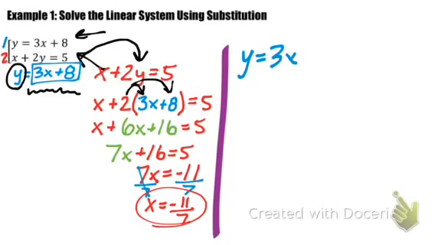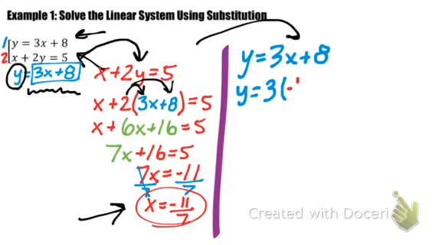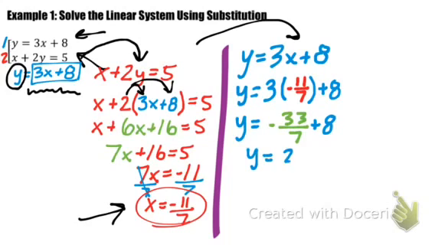I'm going to write down the first equation in my linear system, and I'm going to substitute my value of x into the x variable in the first equation. When I simplify further, y equals negative 33 over 7 plus 8, and I use my calculator to get y equals 23 over 7.